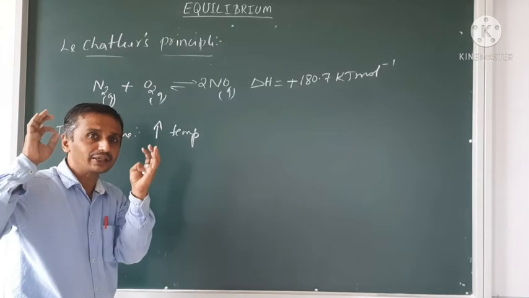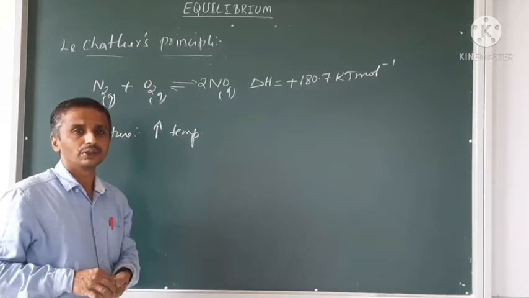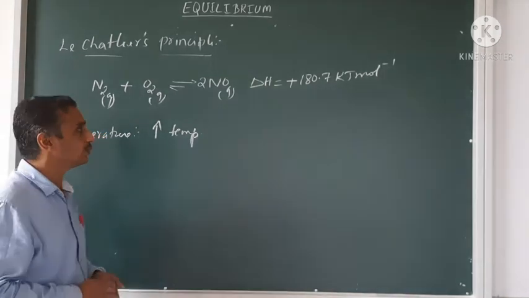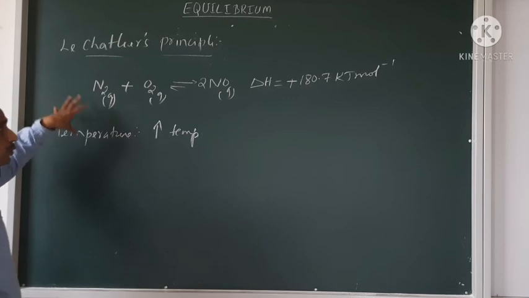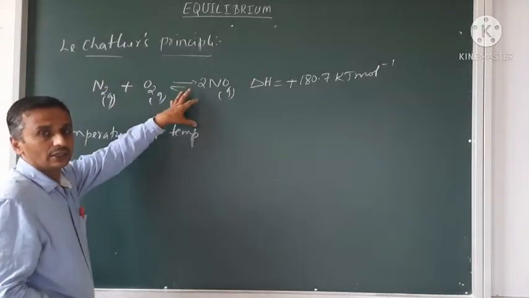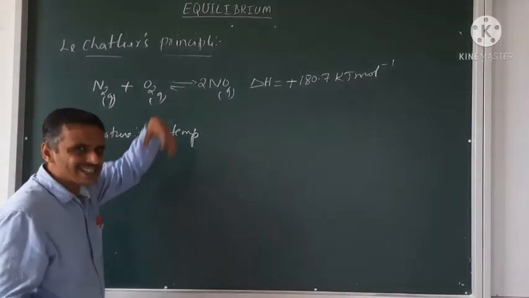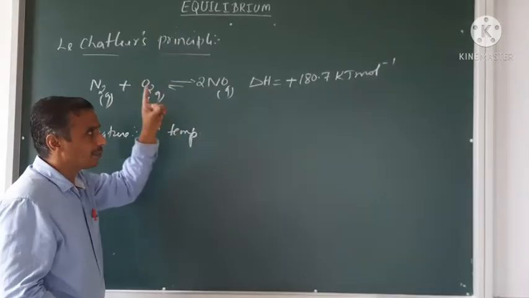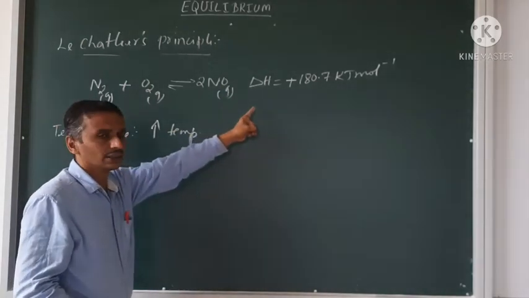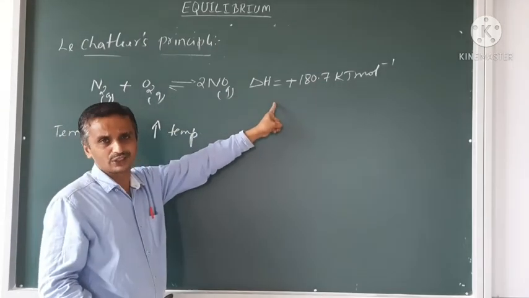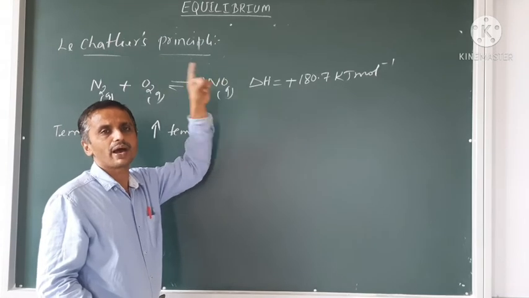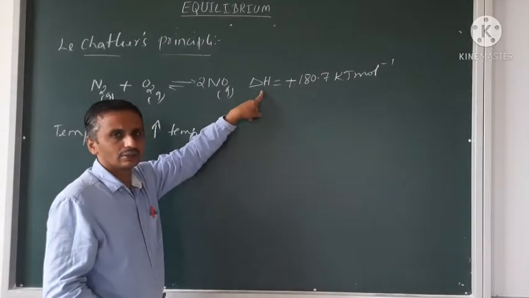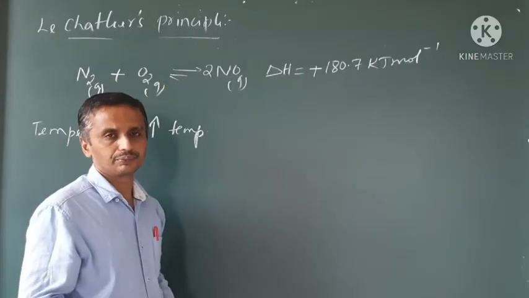The reaction tries to maintain the equilibrium constant, so the increased temperature should be decreased. Remember, if forward is exothermic, then the backward becomes endothermic; if forward is endothermic, backward becomes exothermic.